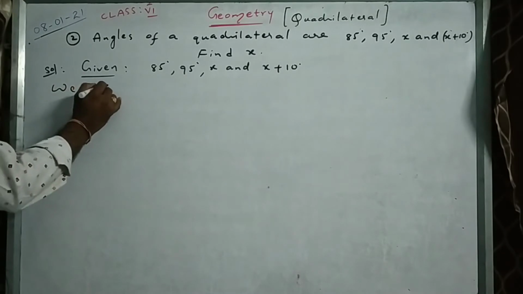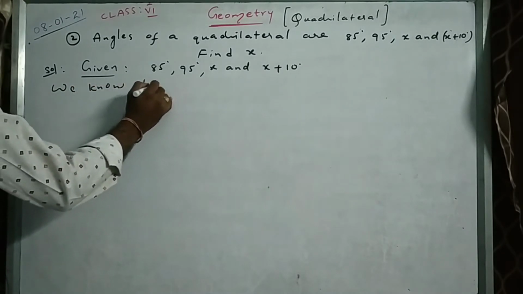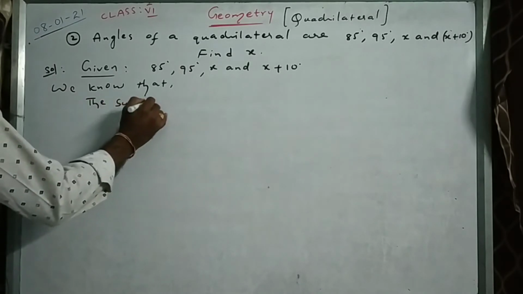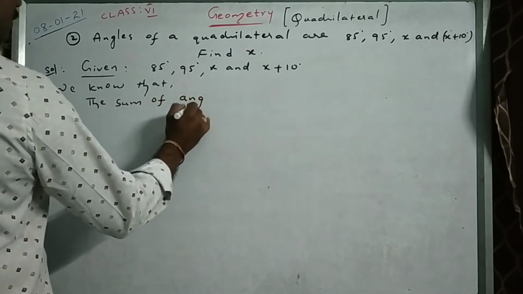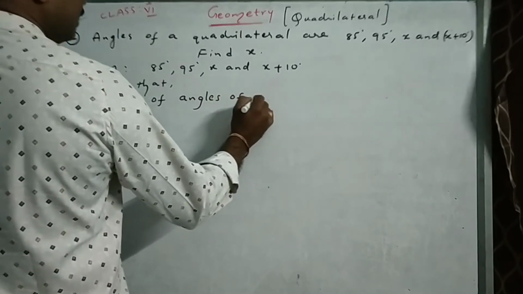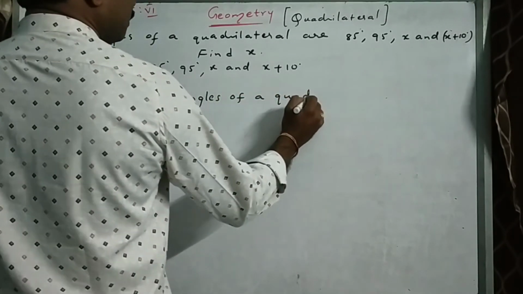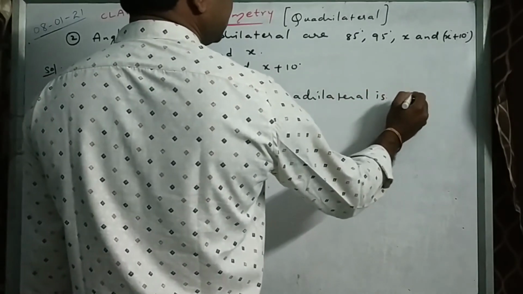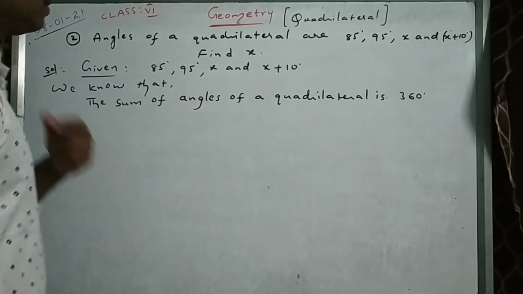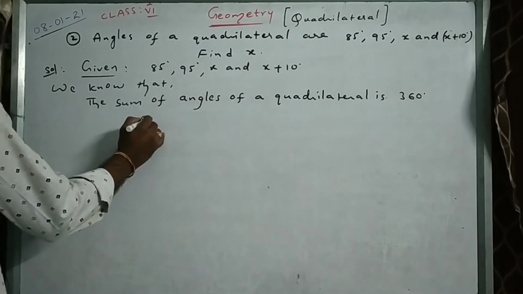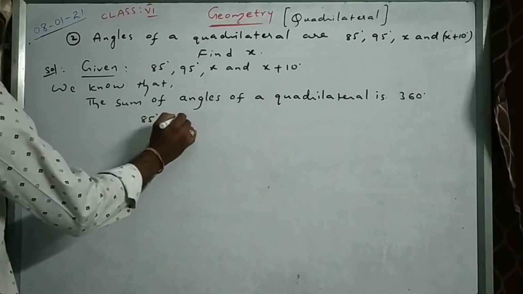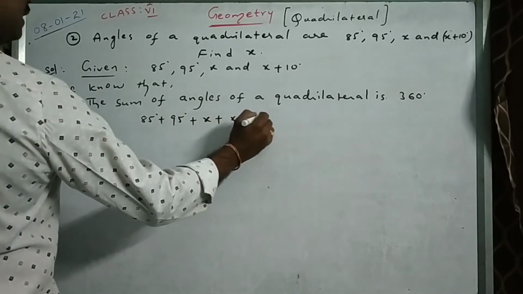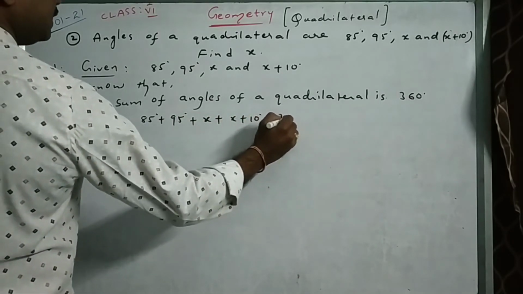We know that the sum of angles of a quadrilateral is 360 degrees. So I'll add them: 85 plus 95 plus x plus x plus 10 equal to 360 degrees.